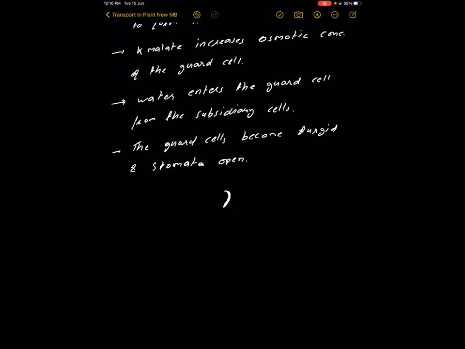Suppose the inner wall is elastic according to NCERT, while according to us it is non-elastic.